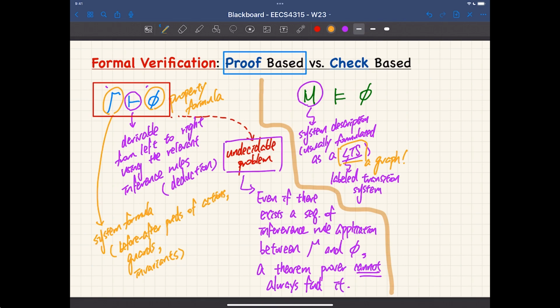A graph. And this symbol over here, to put it in intuitive terms, you can think of it more like a satisfies.